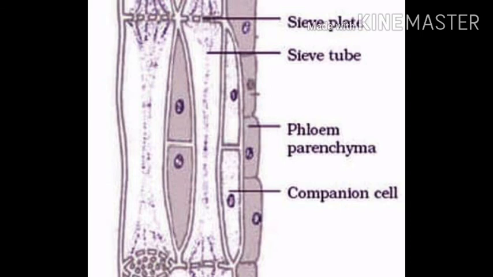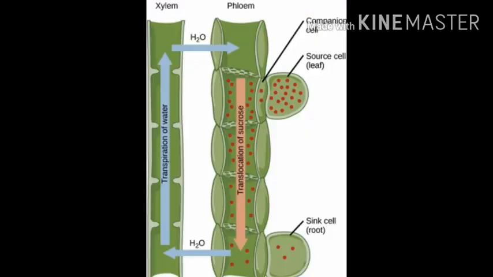Simple permanent tissues are of three types: parenchyma, collenchyma and sclerenchyma. Today we discussed complex permanent tissue, mainly two types, xylem and phloem, and some special secretory tissue known as glandular and lactiferous, which are responsible for secretion of oils and glue.